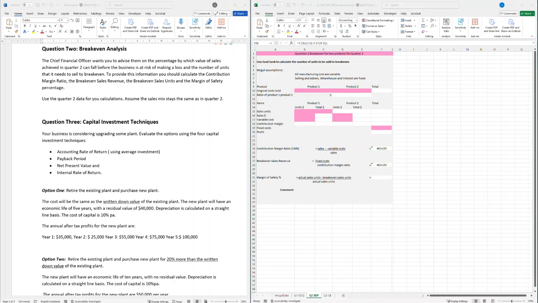And then we also have this one, which again, these are just formulas telling you to use the actual sales units minus the break-even sales units, and then divide by actual sales units.